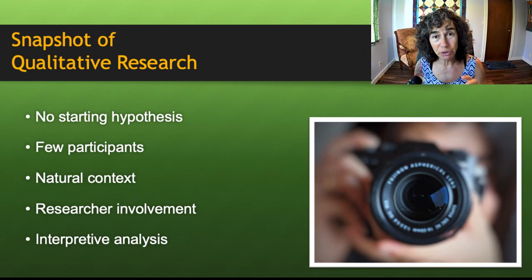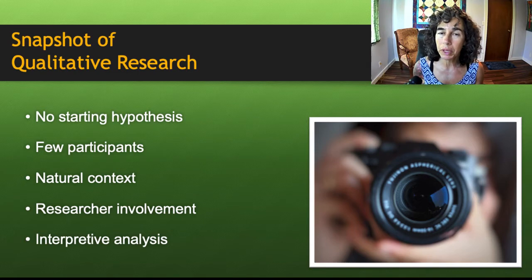Rather than deducing what's going on from hard, cold facts that we get in quantitative data analysis, we're interpreting what we saw to the best of our ability in qualitative research. So again, a very different kind of approach. One of your readings is Crafting 1991.